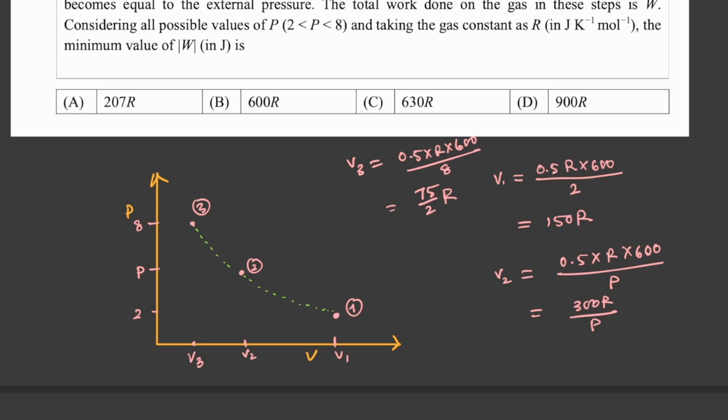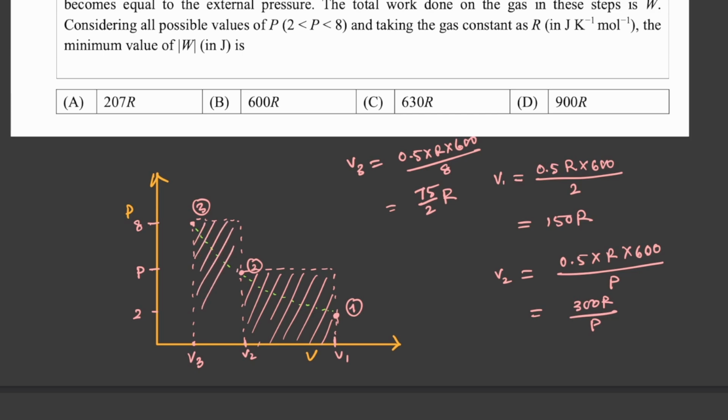As we are doing this compression in multiple steps, in the first case, work done will be minus P external delta V. That means this area will be the work done in the first step, and the second step work done will be this area. This area will be the work done for the second step.